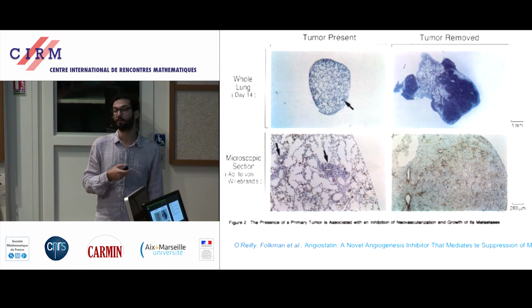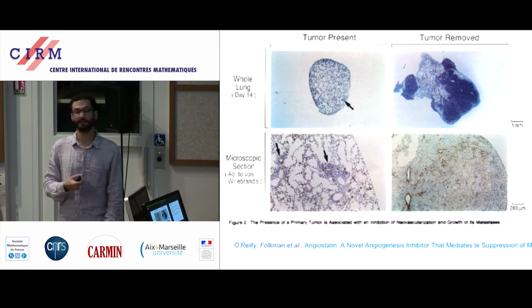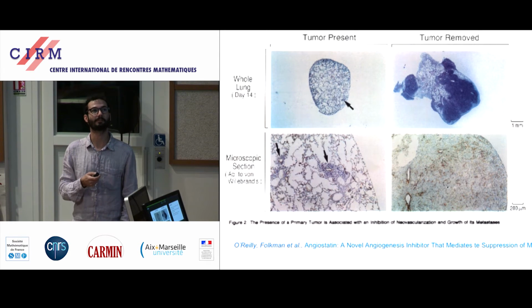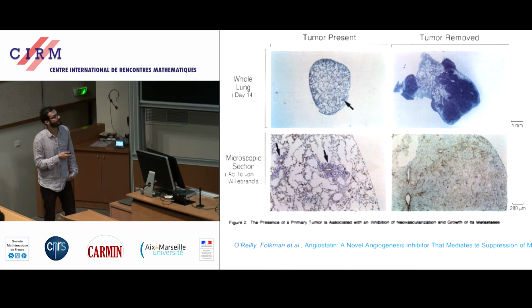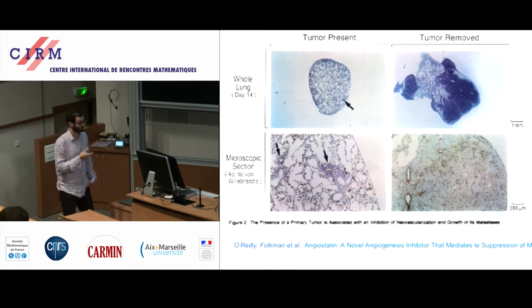And when the tumor was removed, then in the lungs you have a huge micrometastatic mass, highly angiogenic. The brown staining here stains for endothelial cells, so for angiogenesis.